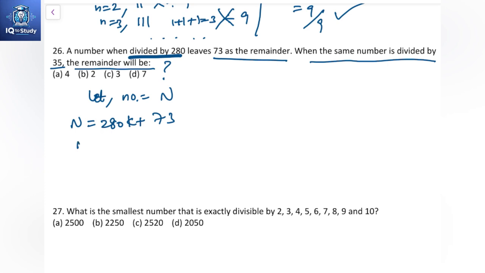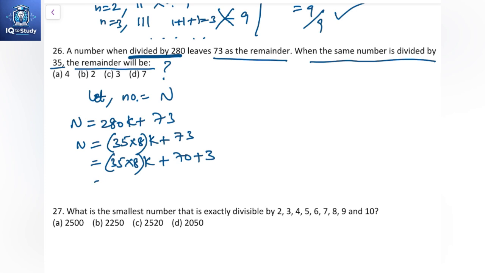It can also be written as 35 into 8k plus 73, which further implies 35 into 8k plus 70 plus 3, that is equal to 35 into 8k plus 2, plus 3.